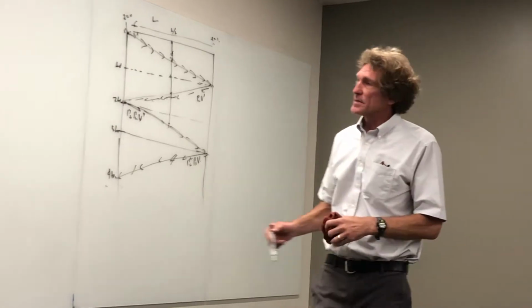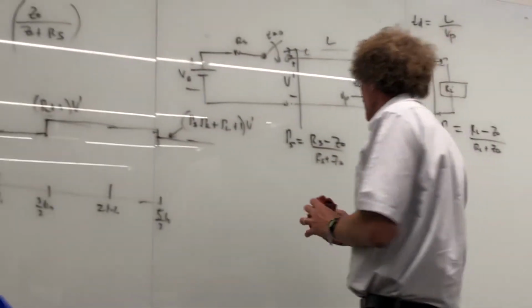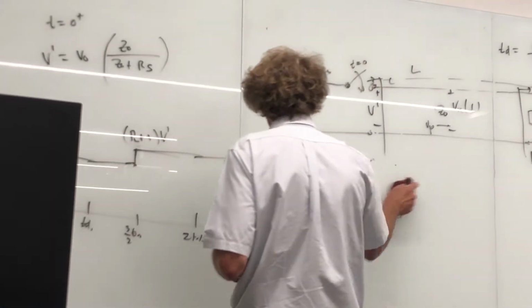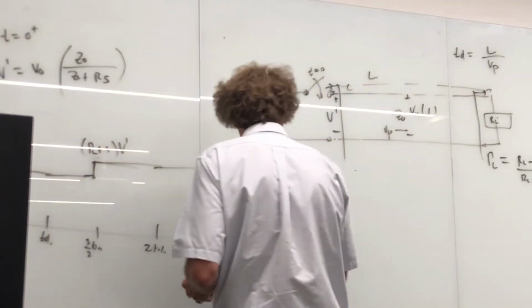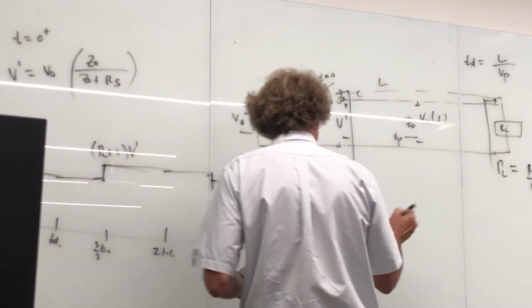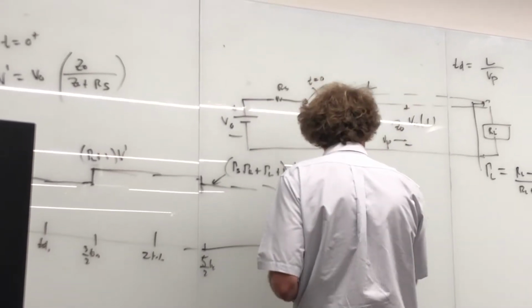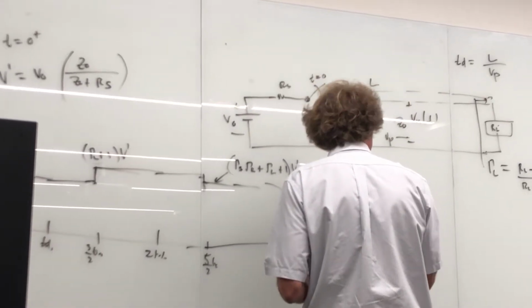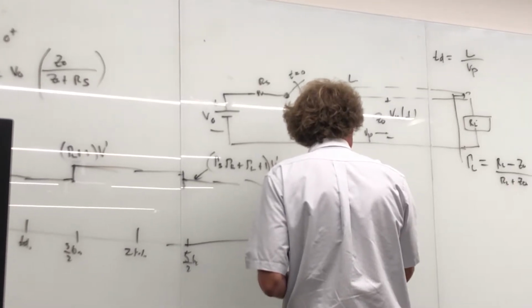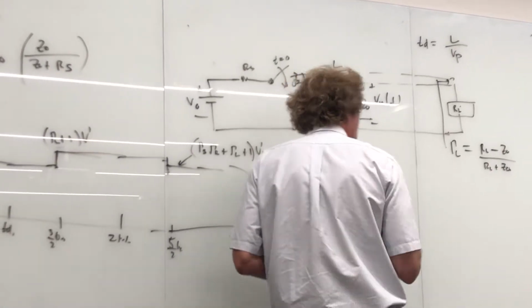Now, if you would take this thing out to infinity, let me just do this over here. If I would take this waveform and go out to t equals infinity, what I'd see is the voltage that it rests to right here, V as t goes to infinity, would be equal to this.